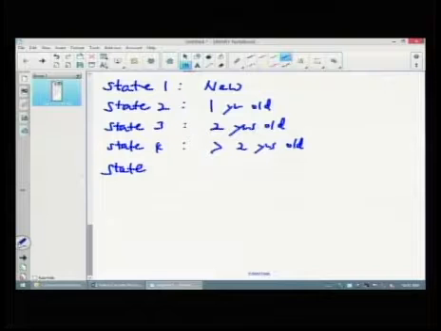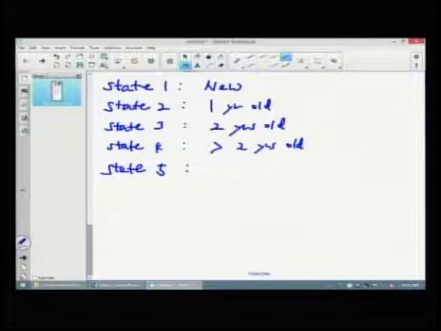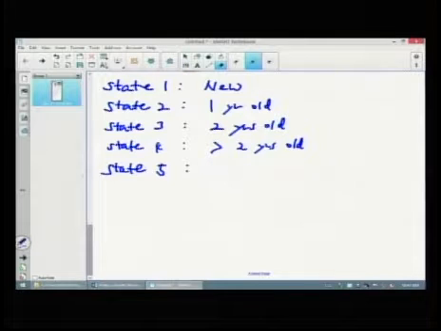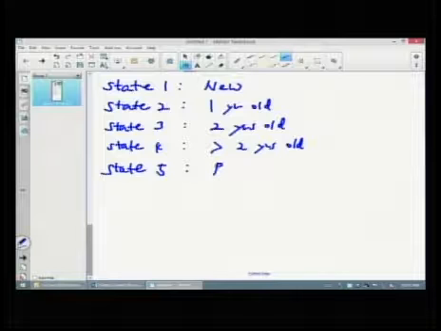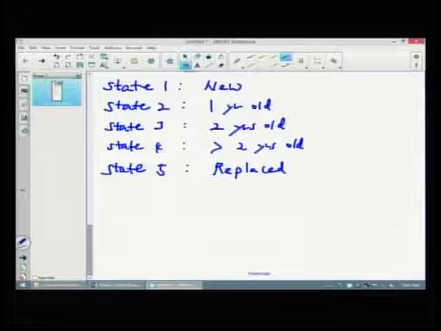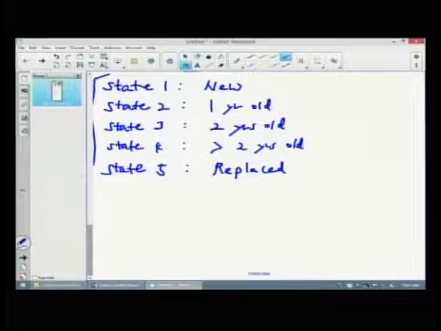And state number 5 represents a replaced machine. Okay, so now we are going to use 5 different states to build up our Markov chain model.